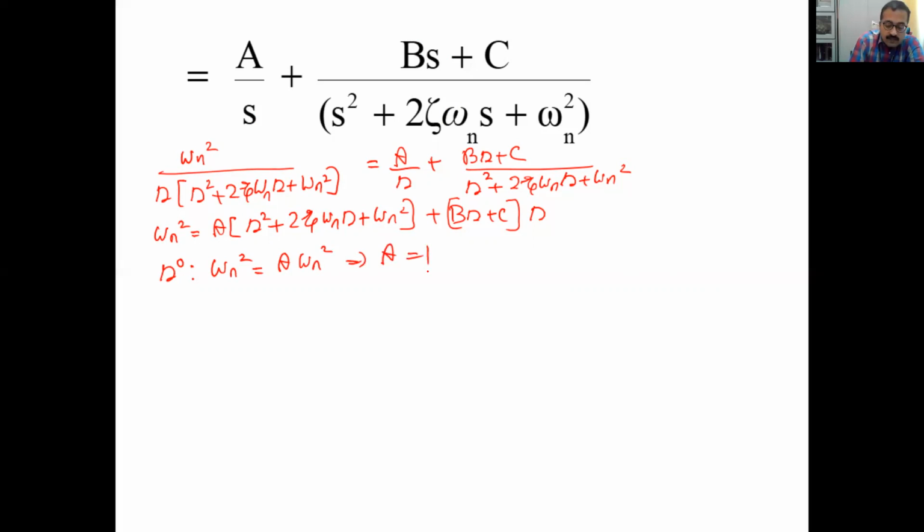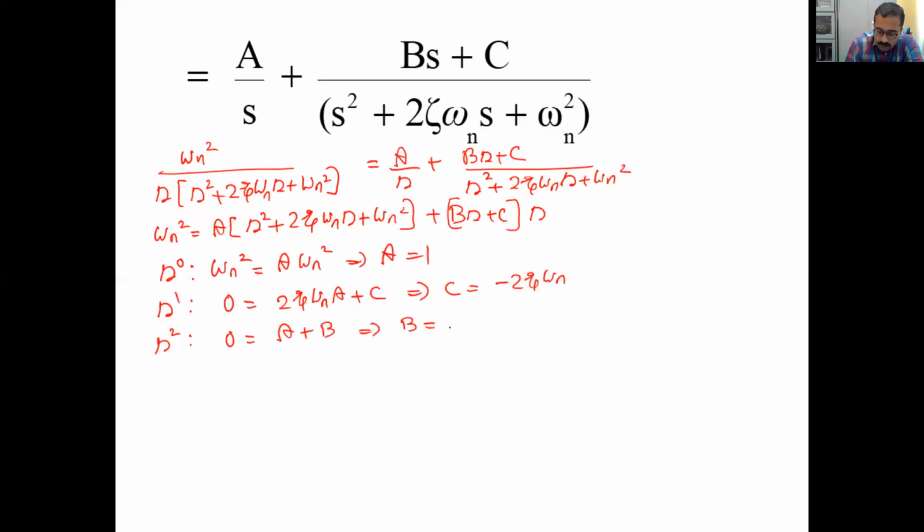Now we equate the coefficient of s raised to 1 term. Left hand side 0, right side we have 2 zeta omega n A plus C, which means C is equal to minus 2 zeta omega n. S square term: left hand side 0, right hand side we have A plus B, which means B equals minus 1.